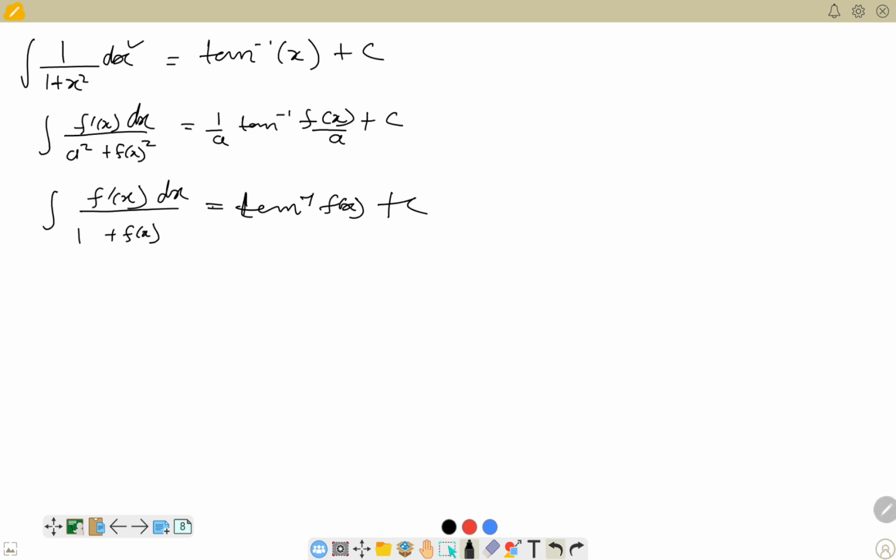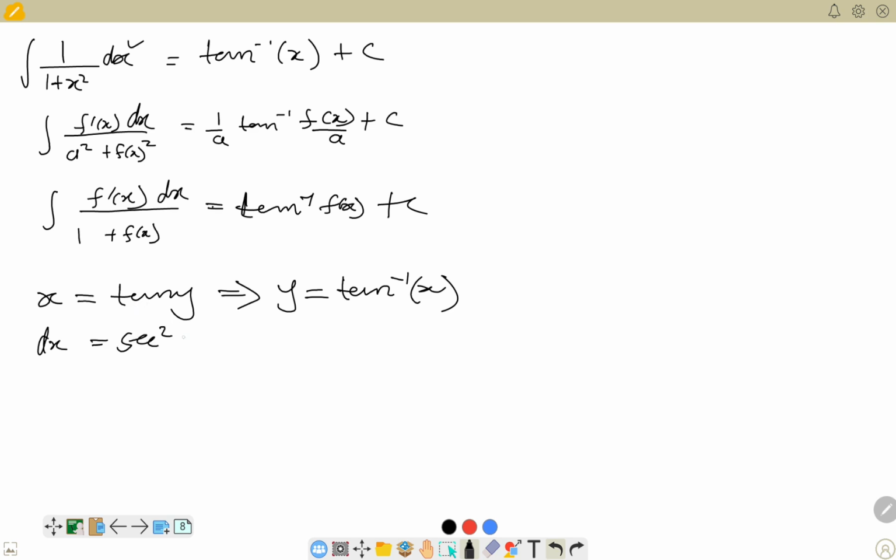What we need to do is let x be tan y, like we did previously. The pattern is still the same. We solve for y, and it's actually going to be arc tan x. Then we differentiate here. We know that when we differentiate tan, it's going to be sec square y. Then we have dy there because it's dx over dy. Then we take dy to the right hand side, and it results in dx equals sec square y dy.